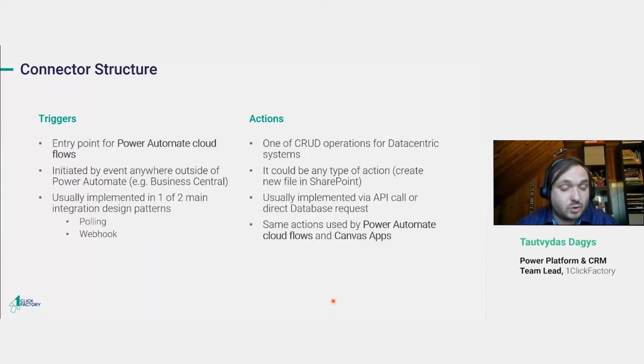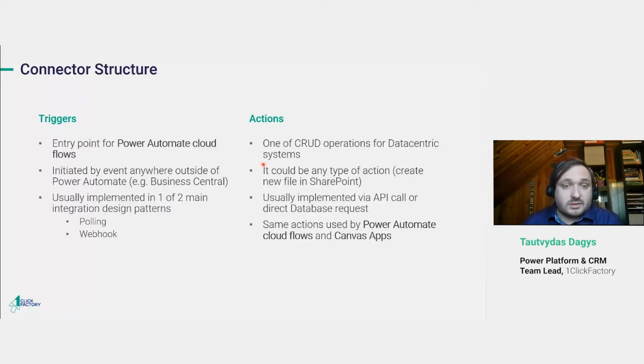It's usually the webhook or polling. Webhook means that an external system calls a special endpoint on Power Automate and gives the information that something changed outside. Or polling, where Power Automate checks every couple of minutes or seconds if there are changes in external systems.